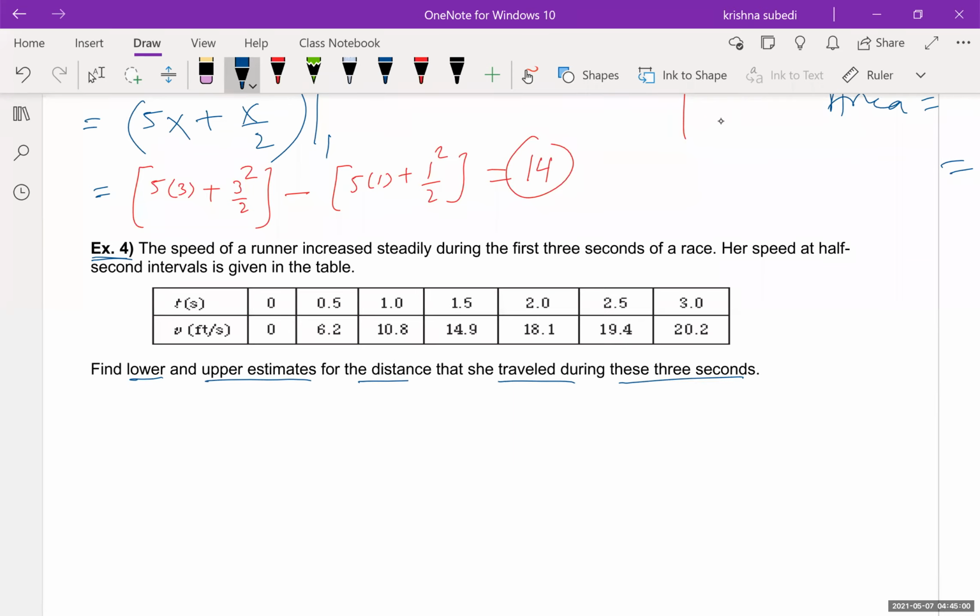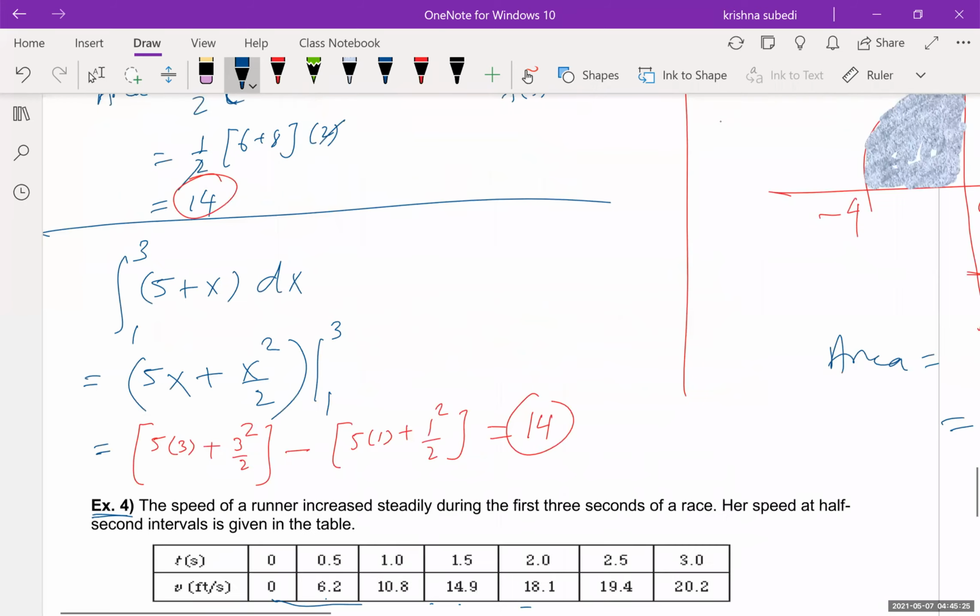Notice that this function is increasing. Okay, so the functional value is increasing. Therefore, lower estimate is given by the left endpoint, upper estimate is given by the right endpoint, because the function is increasing. Now the good news here is that the table is already given.